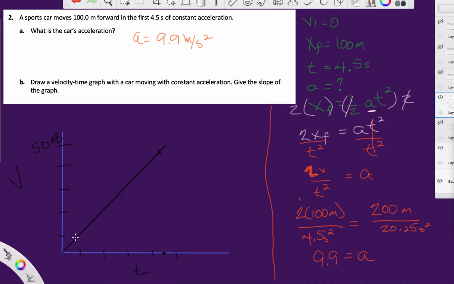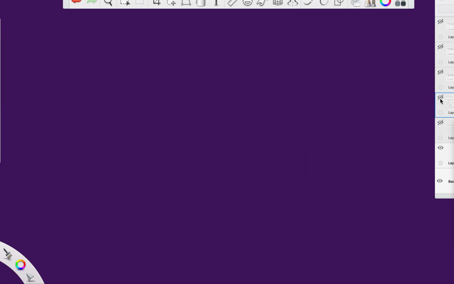But if you look, 9.9 is almost 10. So 1 second is just about 10 meters a second, 2 seconds just about 20, just about 30, just about 40, just about 45. So what you need to do is tell me that the slope of this line, m, equals 9.9 meters a second squared. Cool? Excellent. Now we're going to move on to the next question.